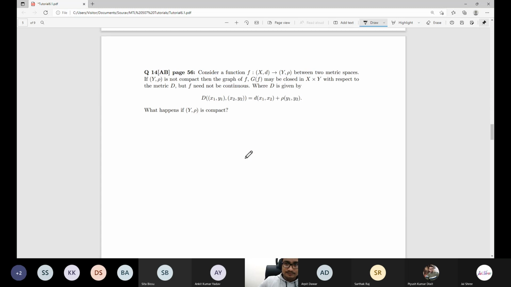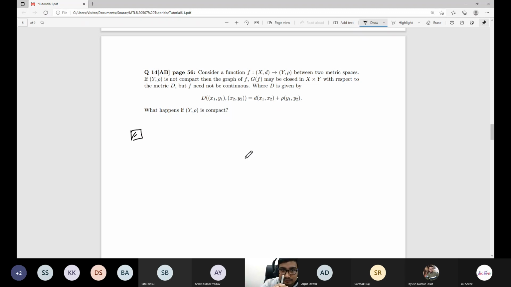Now this one. You had a question in your exam that whenever f is continuous, and for a given convergent sequence, if fxn has a convergent subsequence, then these two are an if and only if condition.